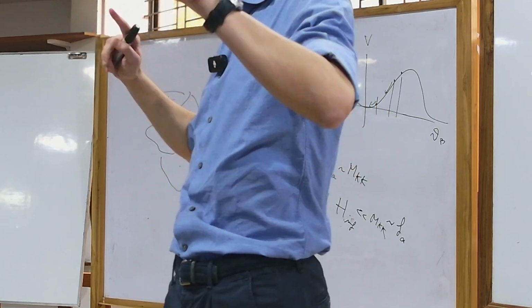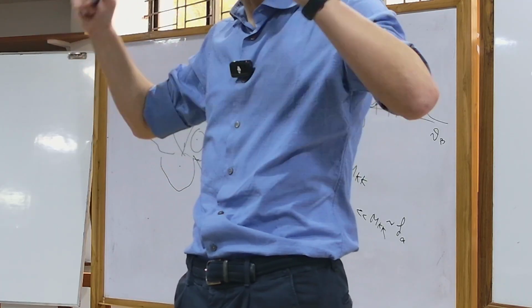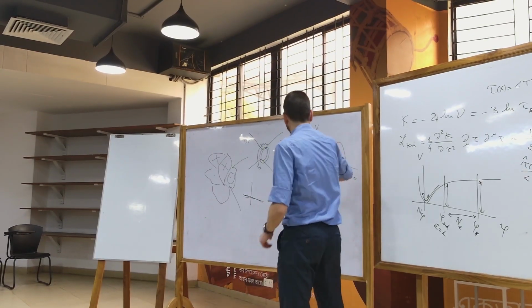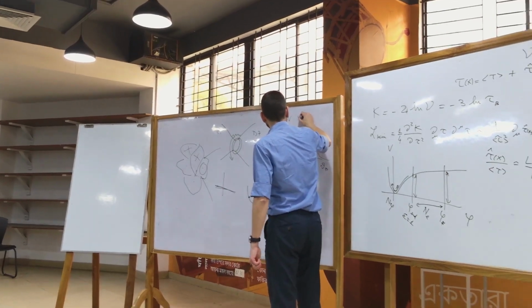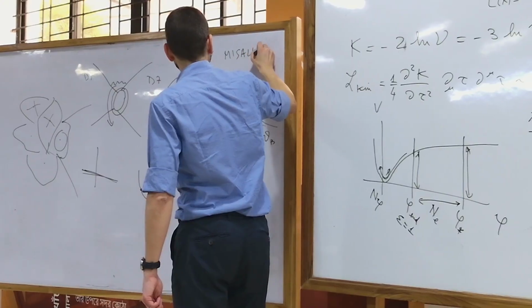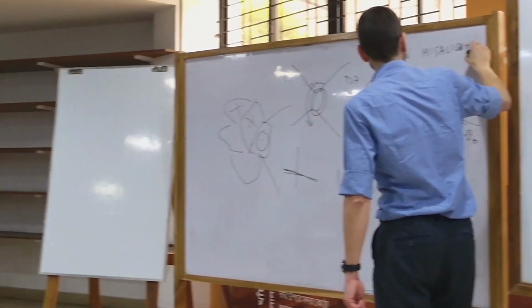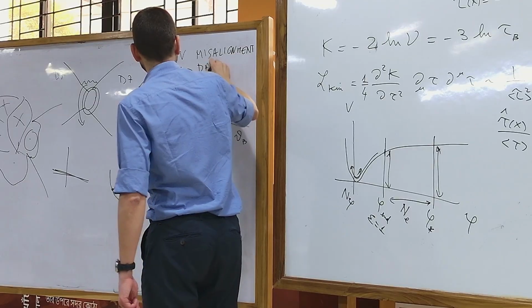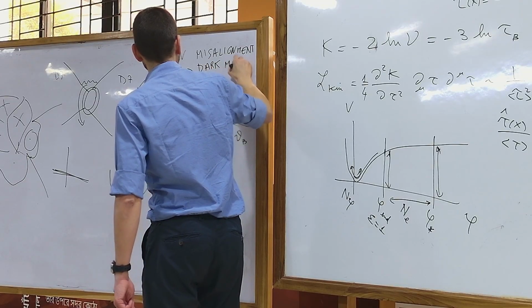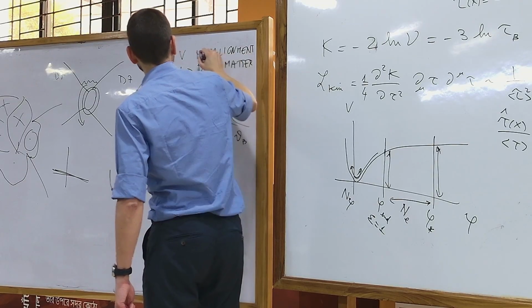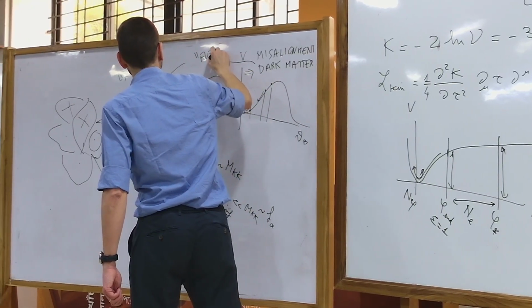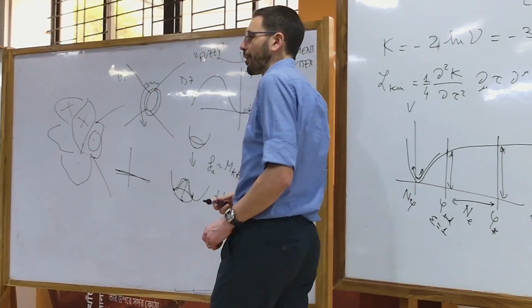But you see that this is a field where you can have two different production mechanisms for the same field. So this is called misalignment. Misalignment. In this case, it is dark matter. So this is dark matter, and actually it has a name which is called fuzzy dark matter, because this guy is ultralight.